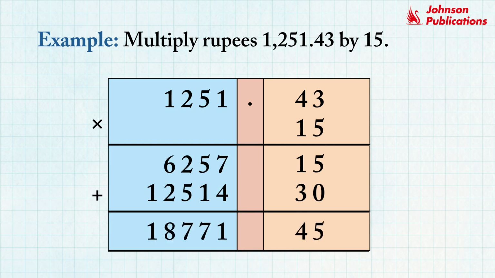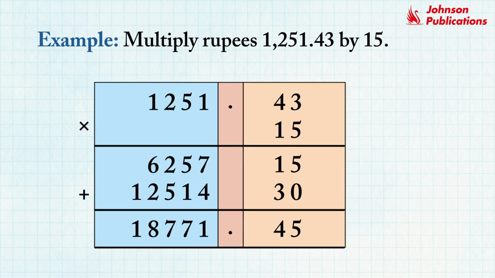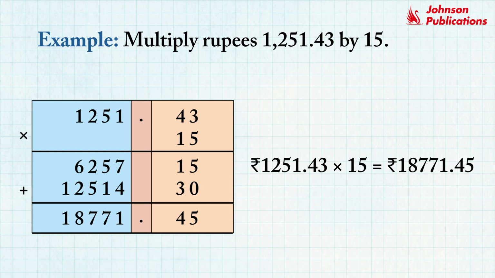The product of 1,25,143 and 15 is 18,77,145. Now place the dot in the product after two places from the right. Hence, the product is rupees 18,771.45.